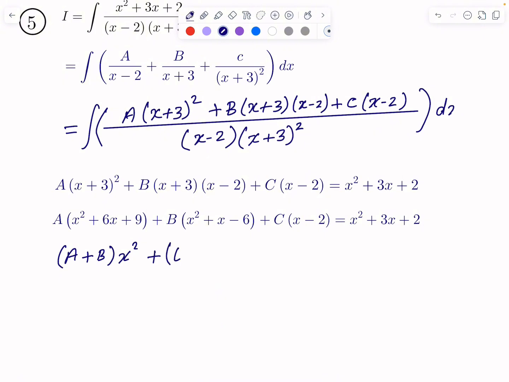A plus b with x squared, and now plus 6a plus b plus c with x, and then plus 9a minus 6b minus 2c equals x squared plus 3x plus 2.